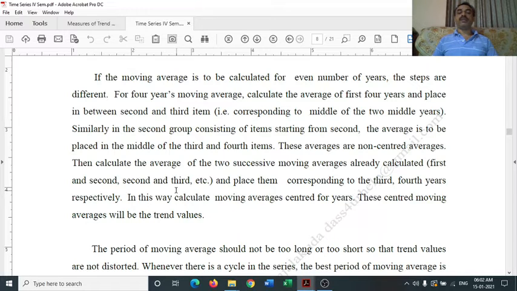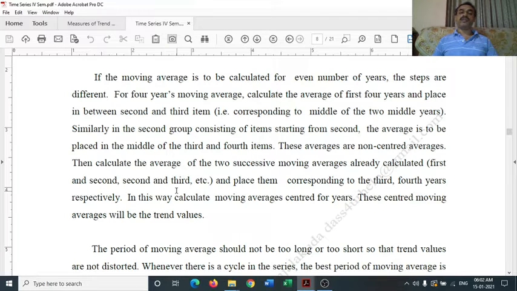But there is no unique year in the middle place for the bunch 91 to 94. Therefore, that average is known as a non-centered average, and it has to be placed in between the two middle years of that bunch, that is 92 and 93.